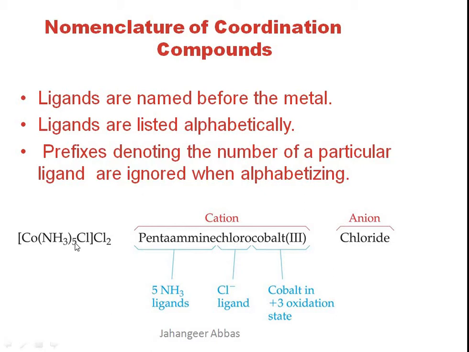There are 5 amine molecules. We will write pentamine and then fluoro, and then the central metal atom is named cobalt. Ligands are named before the metal, and if more than one ligand is present, then ligands are listed alphabetically.